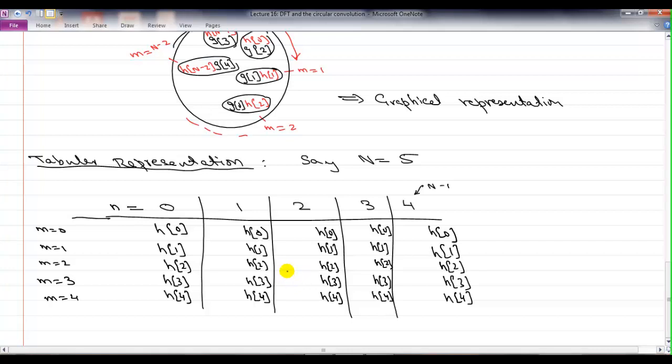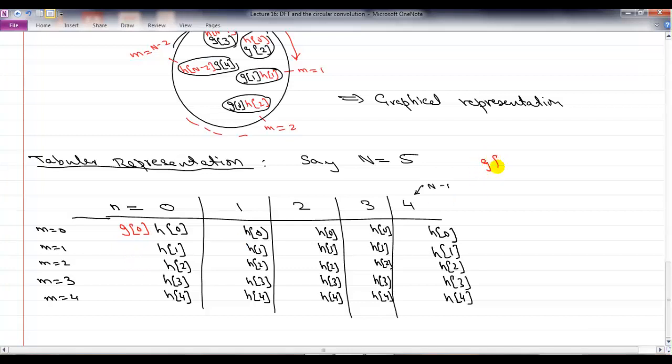Now we start filling in what should go with each value of H in each column. The first column corresponds to just the circularly flipped version of G, or G of minus m mod 5. Recall that when we do minus m mod n, for m equal to 0 we get G0.